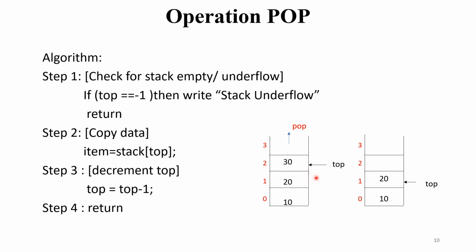Now top is decremented by 1. Then in the second diagram, top is decremented by 1 and points to the first location. That's why here we delete data 30. Step 4 is return. So here we delete one element from the stack.